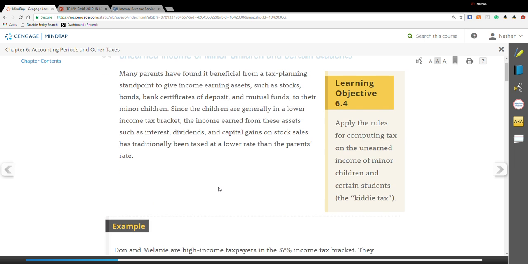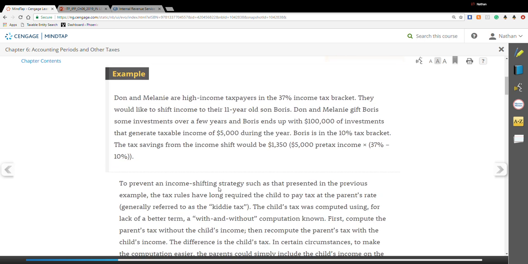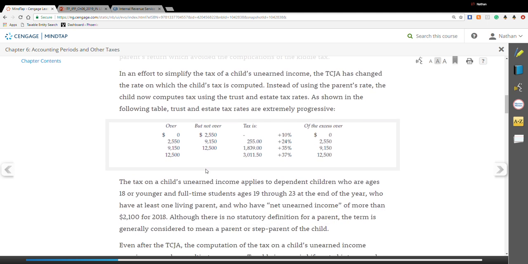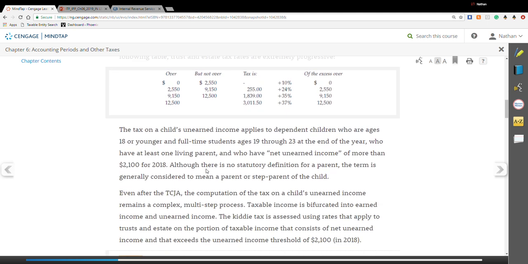Again, because the tax code changes every now and then, we have missing numbers. And this one, again, we have a net unearned income of more than $2,100 for 2018.